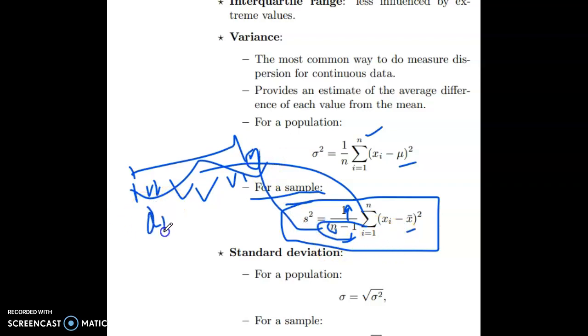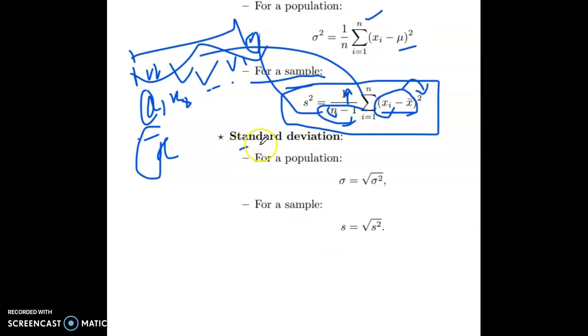Each value x1, x2, x3 has x bar deducted, and then we square it.